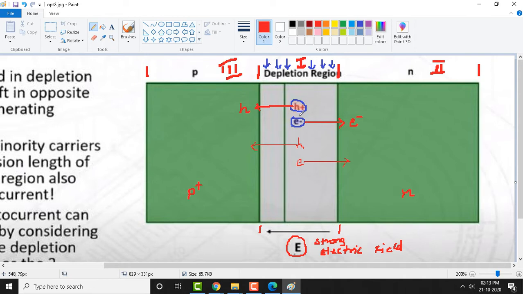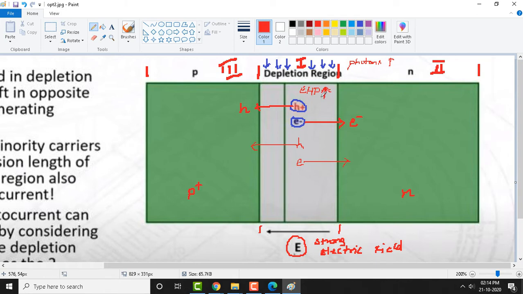Now, you need to know the generation rate, at what rate the electron hole pairs are generated. That depends on how many photons are interacting with this depletion region. If the number of photons interacting with the depletion region increases, then the electron hole pairs generated in the depletion region also increase.